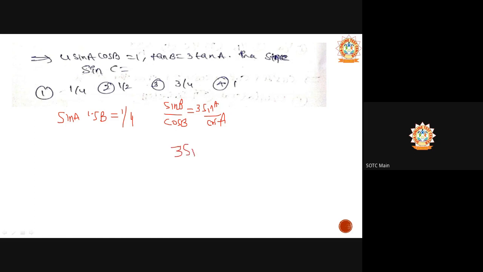3 sin a cos b is equal to sin b cos a, right? So now you can substitute sin a cos b. What is sin a cos b? That is 1 by 4. 3 into 1 by 4 is equal to sin b cos a, right?